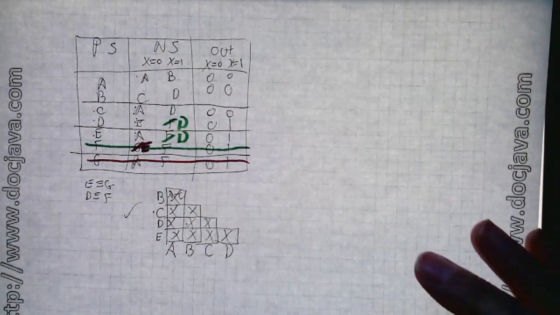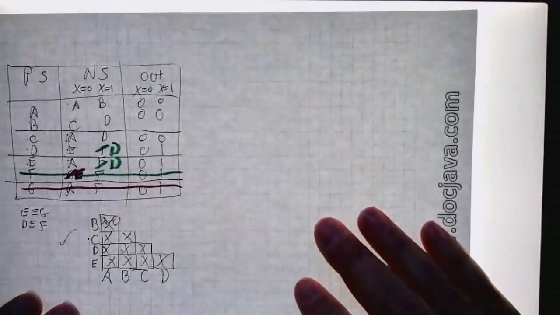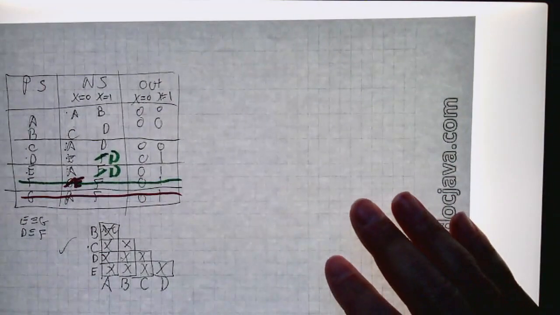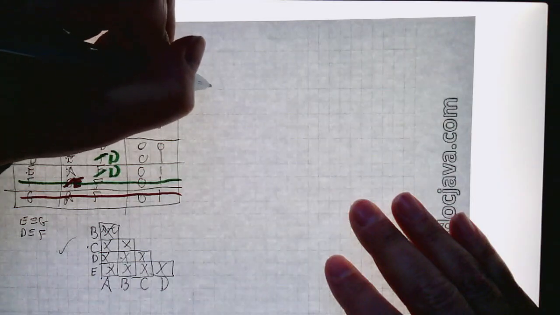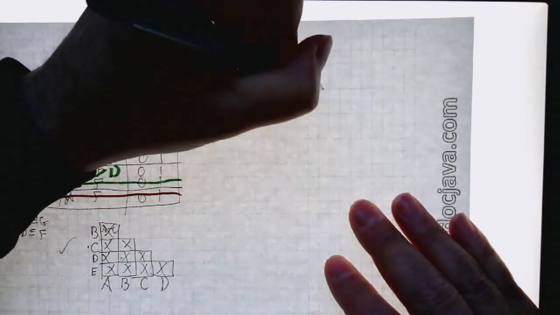That was a good example, I think. Let's do, and I'm going to get to 20, let's do question 17 because I think it's a reasonably small question and we can handle that with relative ease. I'm going to do it on the same piece of paper over here. So we'll have present state, next state, and output.